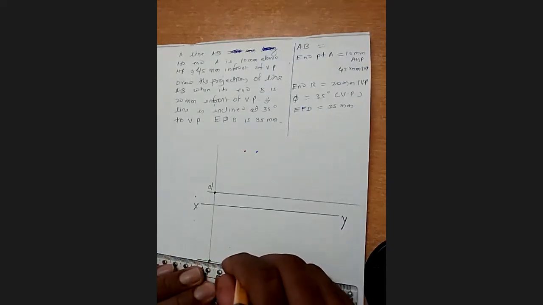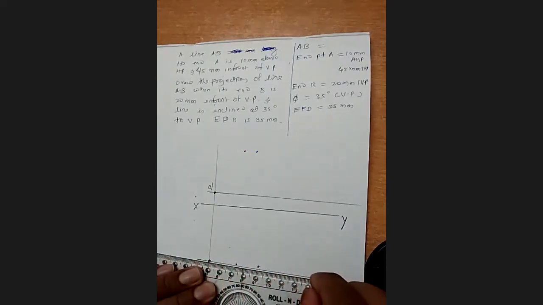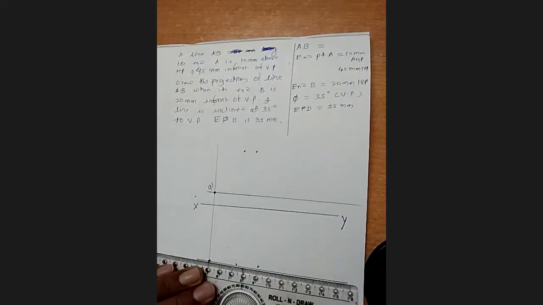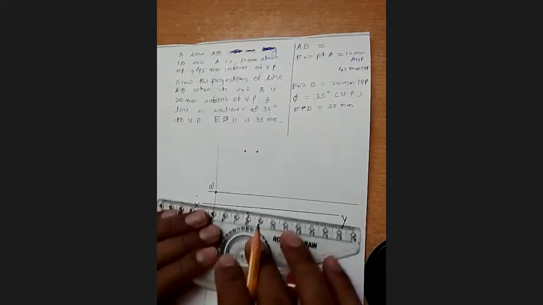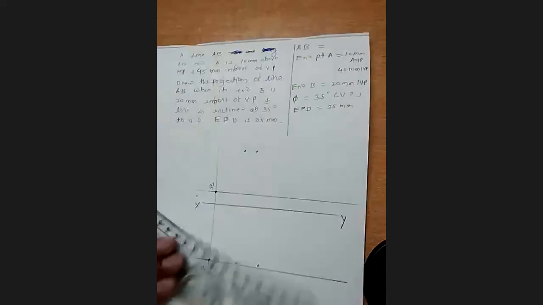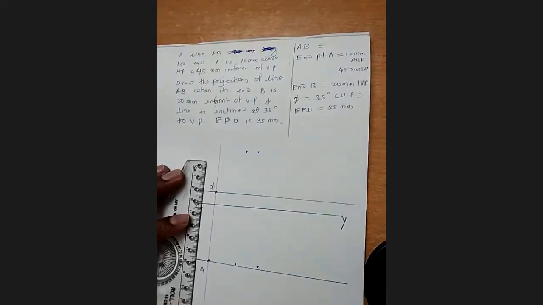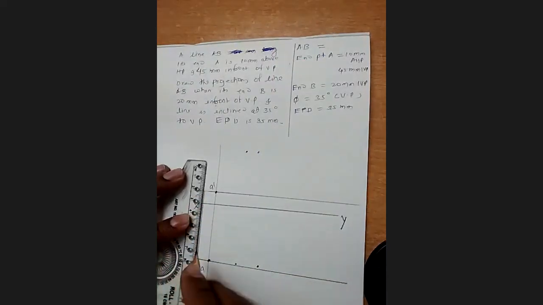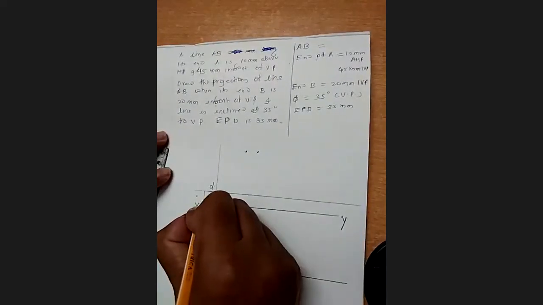Make sure this line is very perfect, exactly parallel to XY line, to get your error-free answer. We'll give the dimensions here with respect to HP and VP, the measurement in front of VP and above HP.